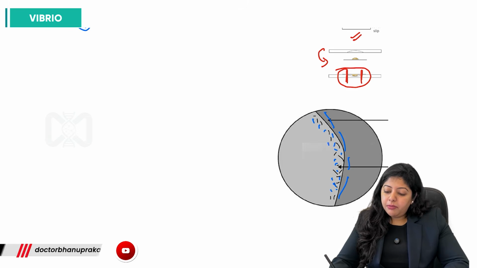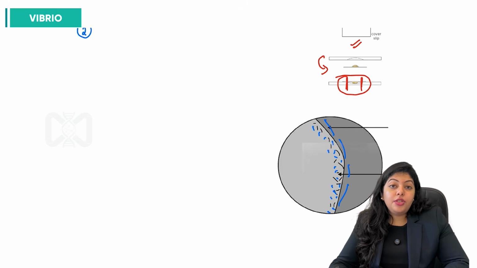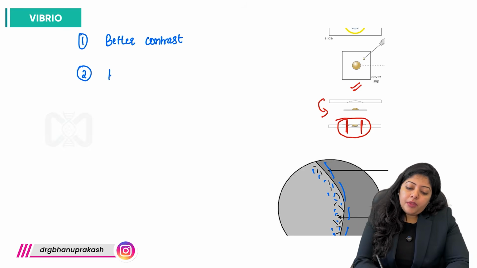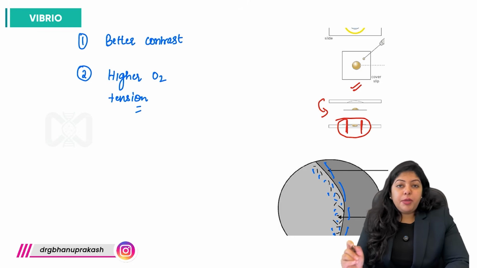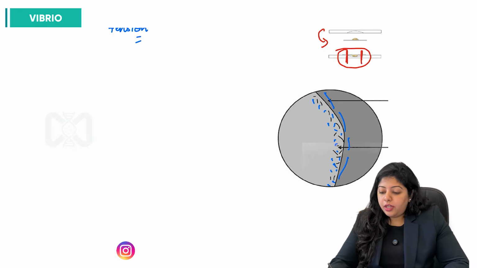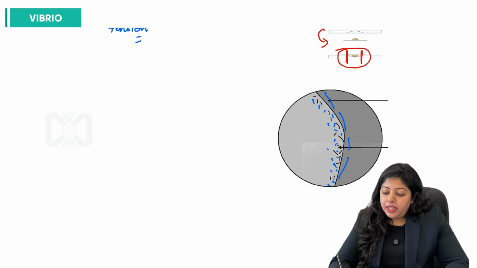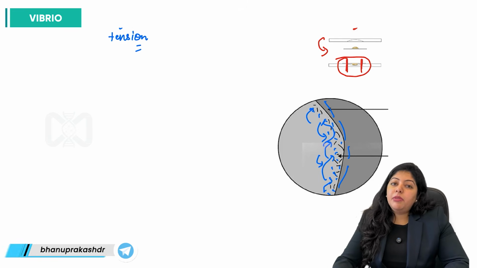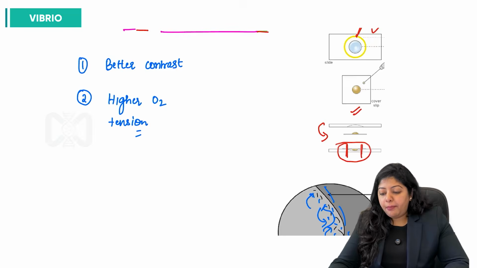And why is that happening? Because of higher oxygen tension at the end of the drop, so they tend to move towards higher oxygen tension. And this rapid darting or shooting star motility is very easily visible in the drop. One bacterium moves so quickly that it changes its position like this, very rapidly, right? So this can be very easily observed under the microscope.